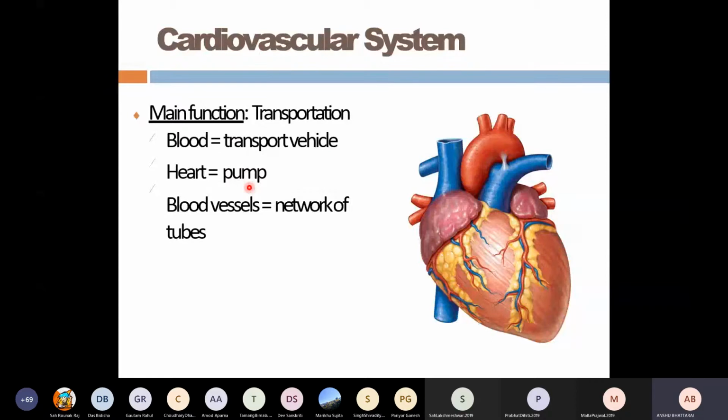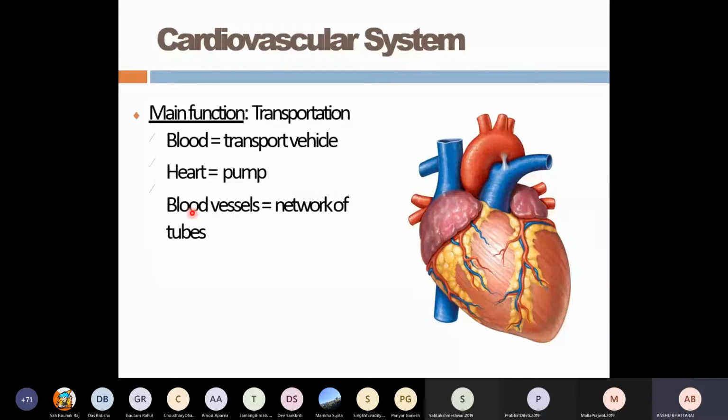And finally, it consists of a closed system of blood vessels. Vessels are networks of tubes which act as a vehicle for blood. Blood travels through these blood vessels. So these are the major parts of the cardiovascular system.